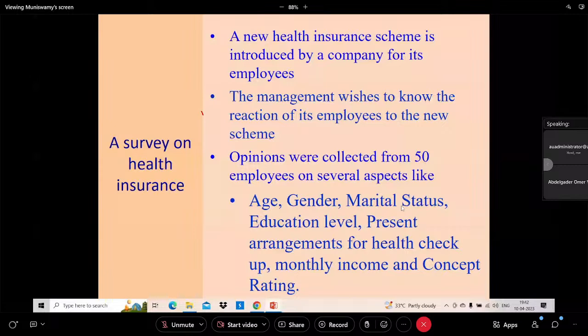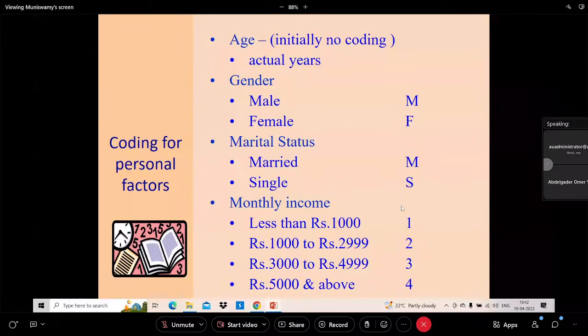The variables collected are age, gender, marital status, education level, present health checkup arrangement, monthly income, and concept rating. These variables are gathered in this survey. But how do we analyze them? For age, initially there is no coding; direct age is taken, 20, 21, 22, like that.